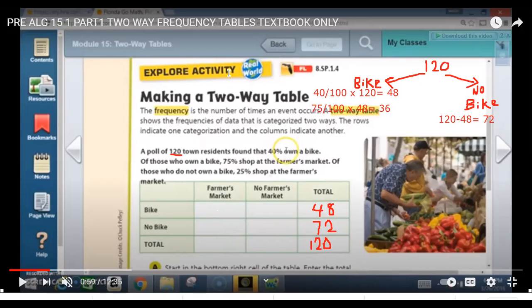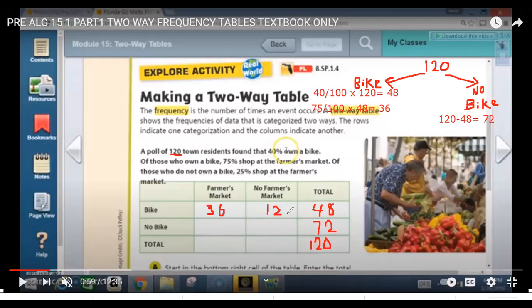So we will go back and put 36 here, which means how many people own a bike and didn't buy from the farmer's market? How can we find it? Subtract 48 minus 36. So we have 12.